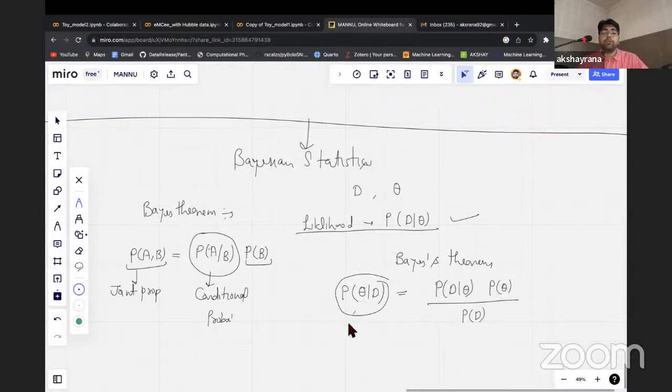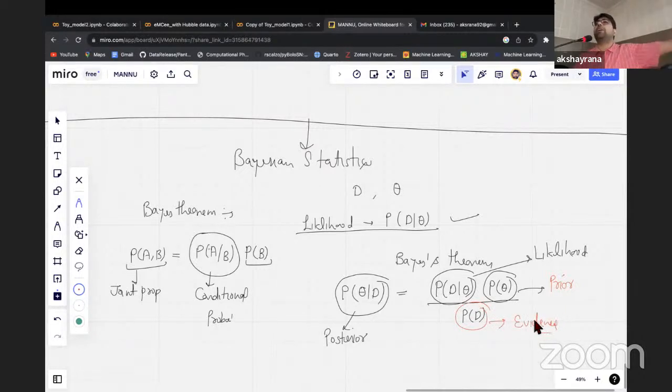This term we call the posterior. This term over here is the likelihood. What is P(theta)? We call it the prior. It is very important. This one, P(D), we call the evidence. It is like a normalization factor. If you have a PDF and divide it by some constant, it works as a normalization constant for us.